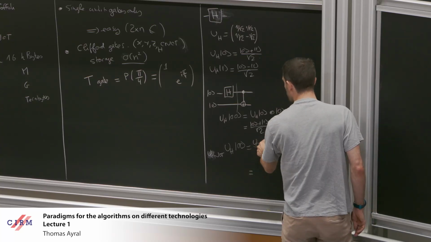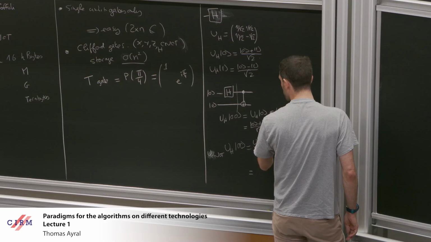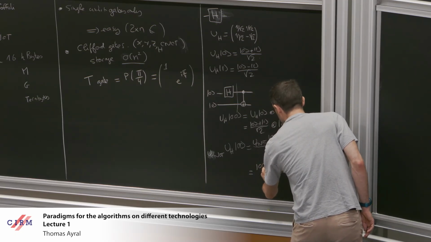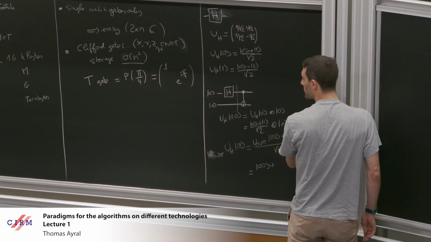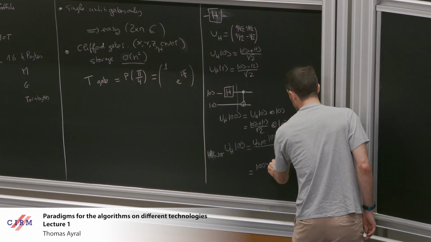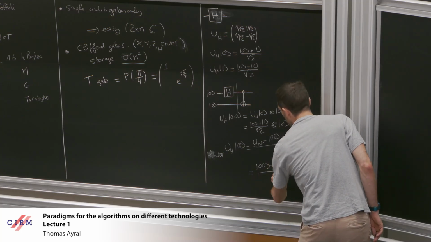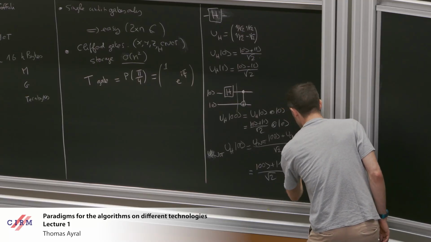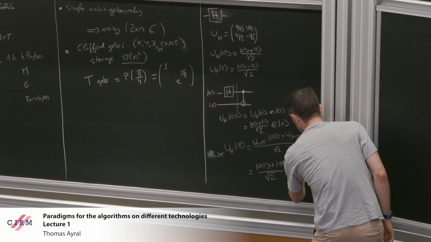And so you see, now U of C0 on 0, 0 is nothing because the control bit is 0, so I get 0, 0. And then U of C0 on 1, 0, since my control bit is 1, I flip the second bit, so I get 1, 1. And I get a state which physicists like a lot because they can get Nobel Prizes with it. It's called the Bell state.